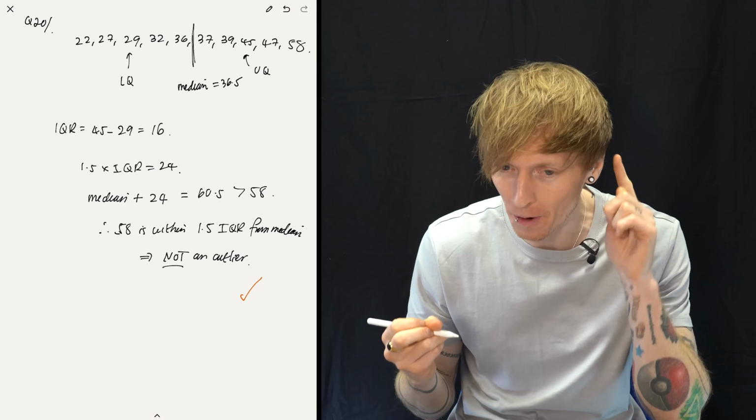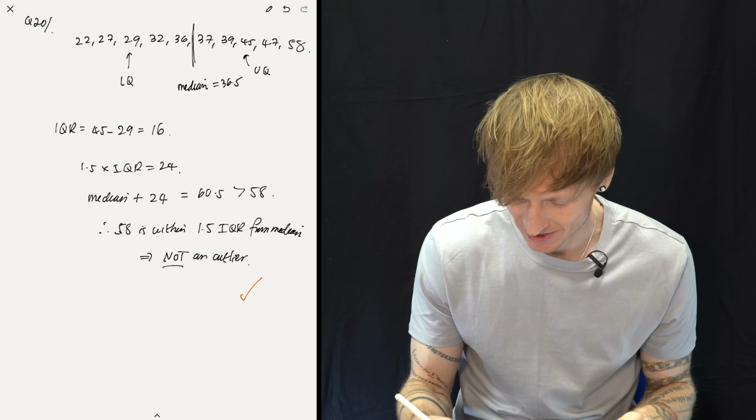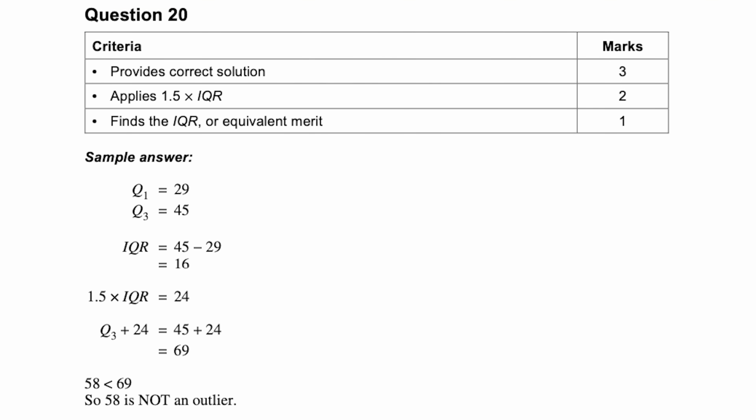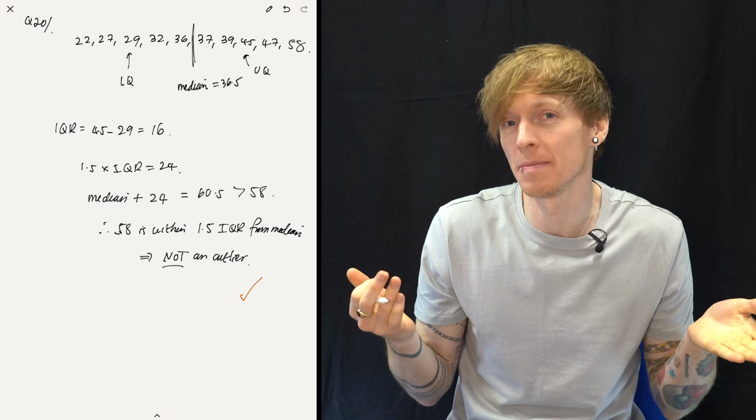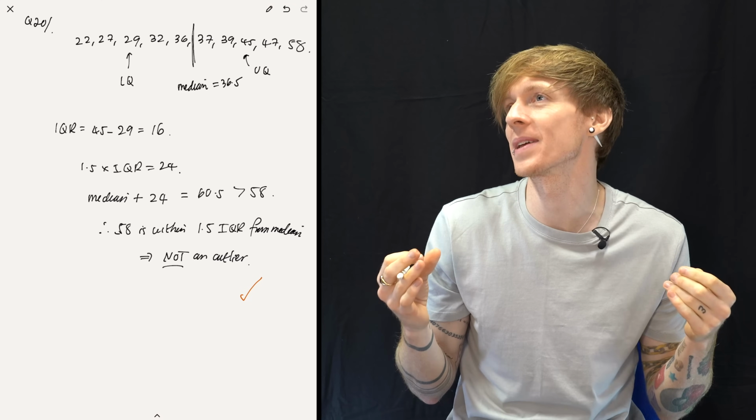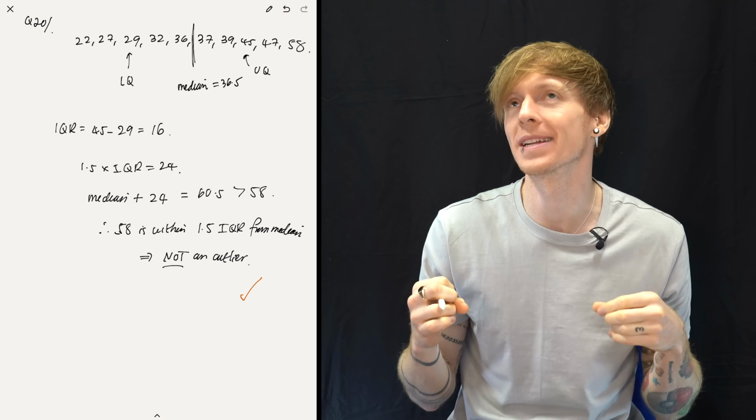Because it's 1.5 times the interquartile range. Although, they've said it's 1.5 times the interquartile range above the quartiles. I mean, I argued it from above the median, so I was kind of being harsher on what made an outlier, and it was still within my harsher bound.